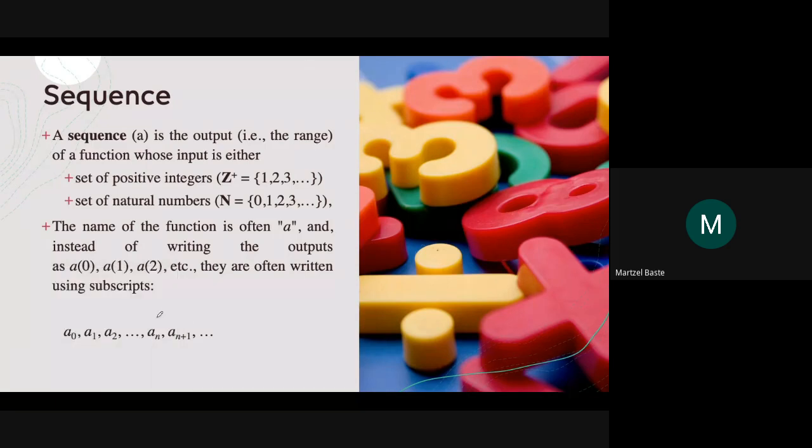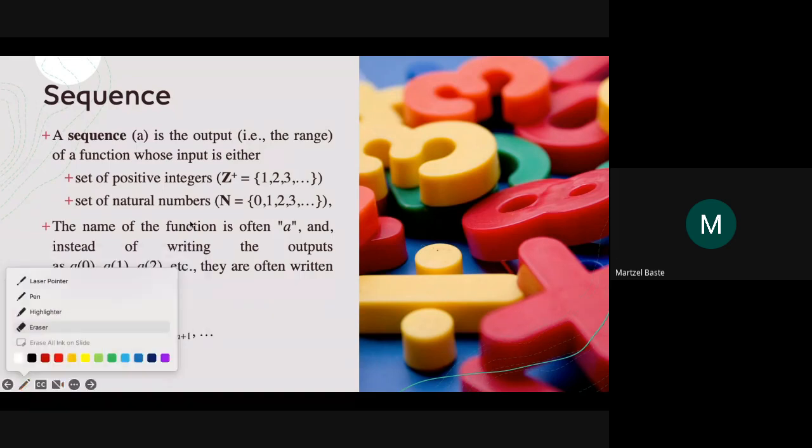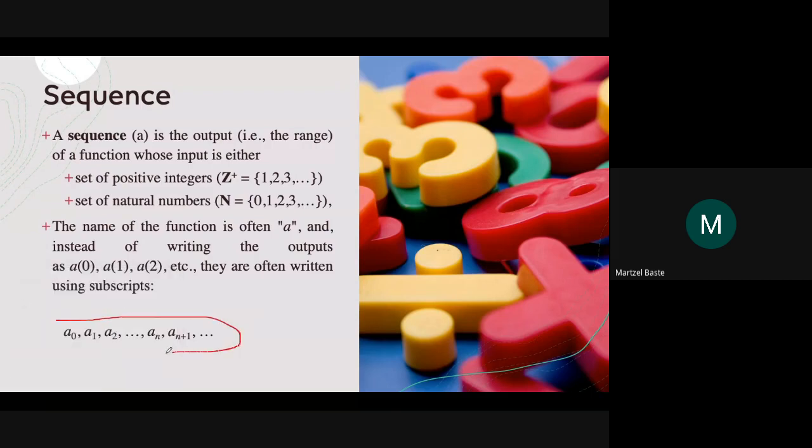Okay, in this part right here, this is the part where, in the series, a series of numbers from 0 to n, which is 0 to infinity, the n represents the sequence.